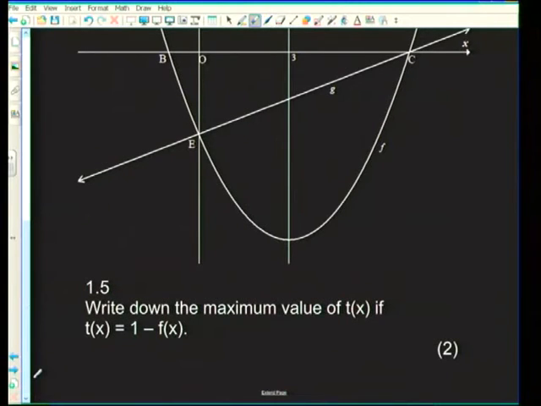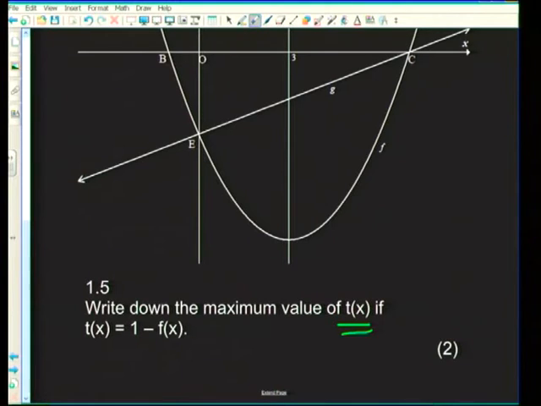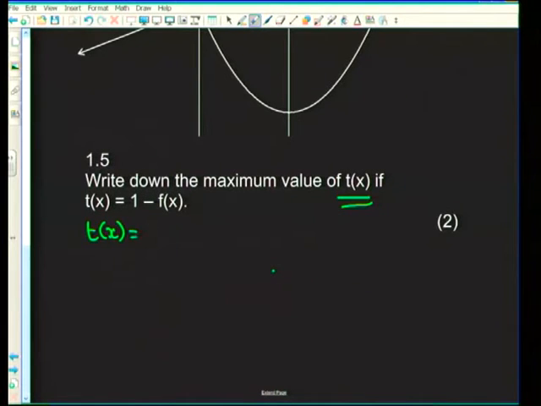Now it says, write down the maximum value of t of x, another one. So we started with f and g, now we've got h, which we've just found, and t, a completely new thing, t involving negative f of x. So let's think about it. If that's so, t of x must equal 1 minus, and in place of this, we must go a half x minus 3 all squared minus 8.